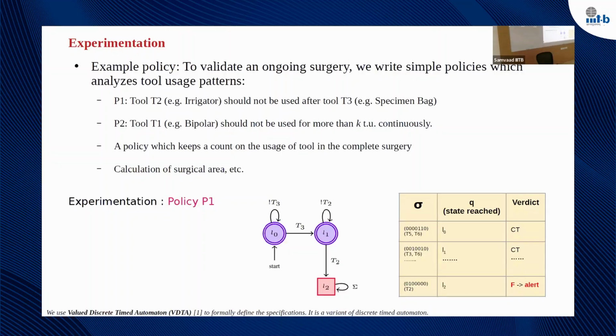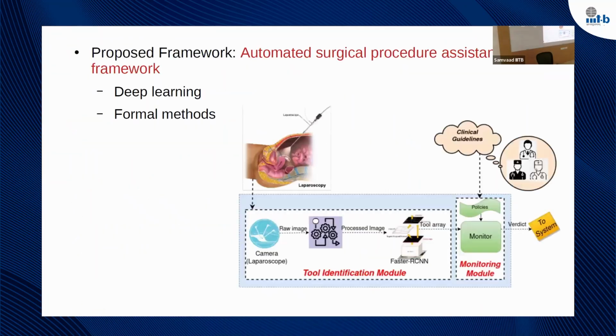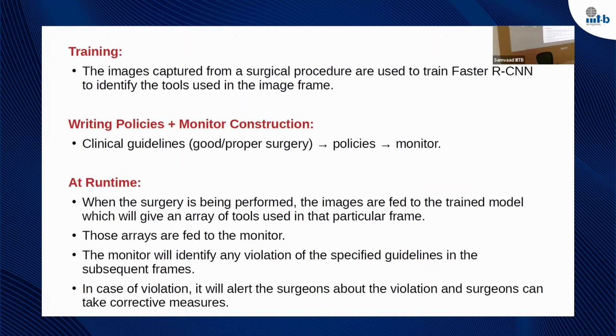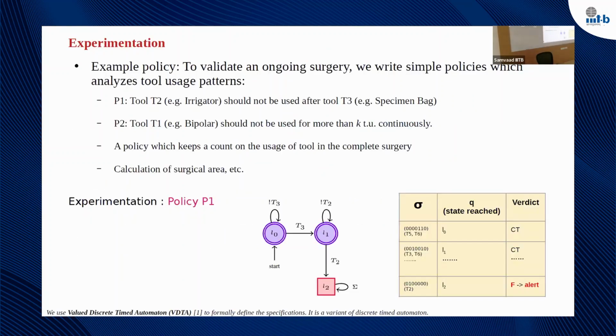In this particular work we used automata, actually a variant of timed automata, to represent those policies. This is one representation of the policy. These are safe states, these are violating states.